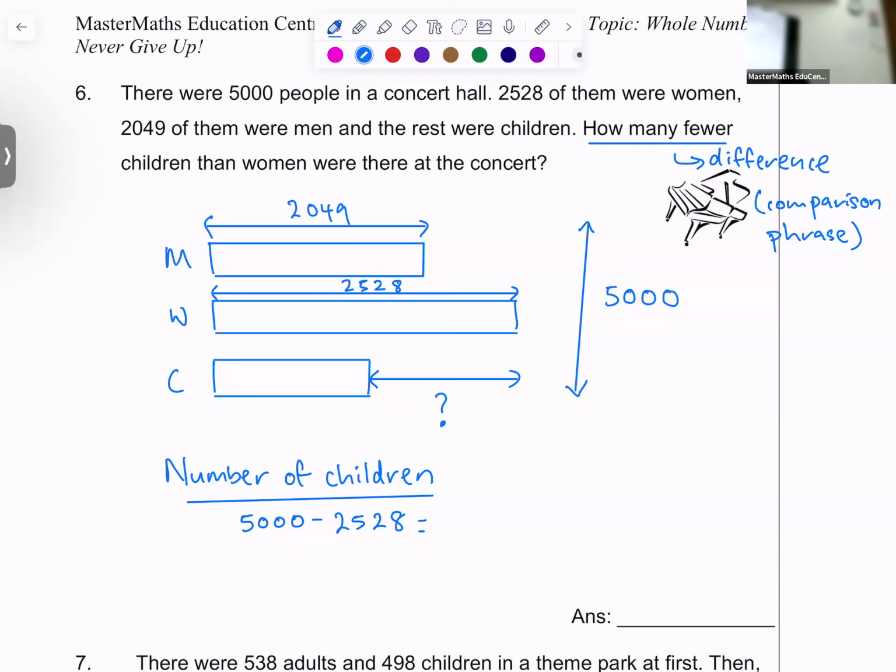Cancel the 5,000. You borrow one from it, what do you get? What's left? 5,000 minus 1.